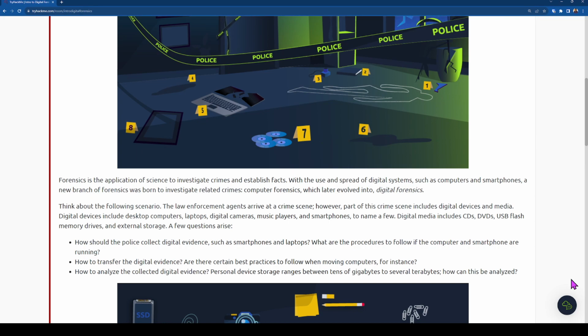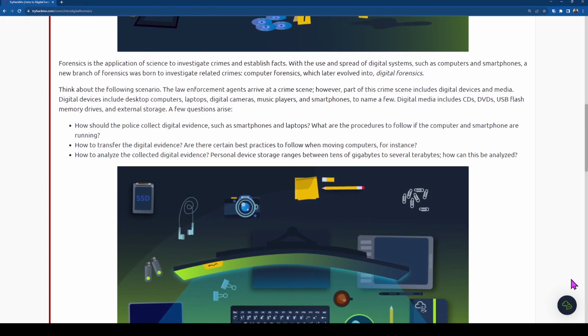Think about the following scenario. Law enforcement agents arrive at a crime scene. However, part of the crime scene includes digital devices and media. Digital devices include desktop computers, laptops, digital cameras, music players, smartphones, to name a few. Digital media includes CDs, DVDs, USB flash memory drives, and external storage.